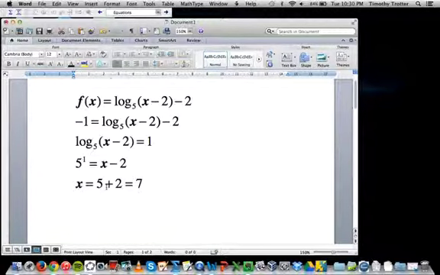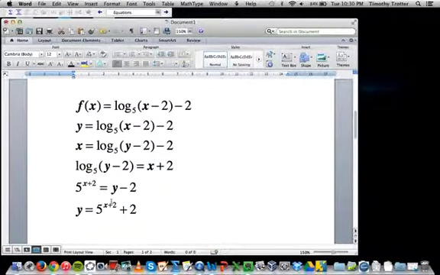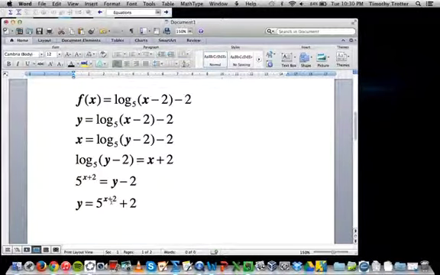So we've done part 4 there, we've solved, and then part 5 says find the inverse function and explain how to verify your answer. The process of finding an inverse function is we begin with the original function, and I've changed f of x to y just to make the notation simpler.